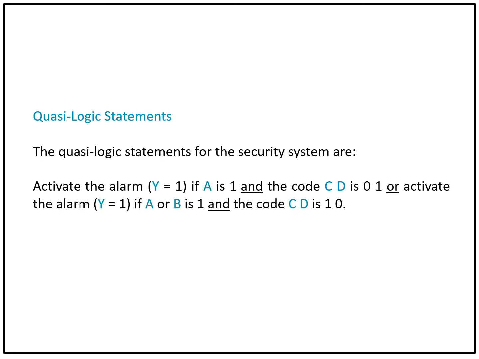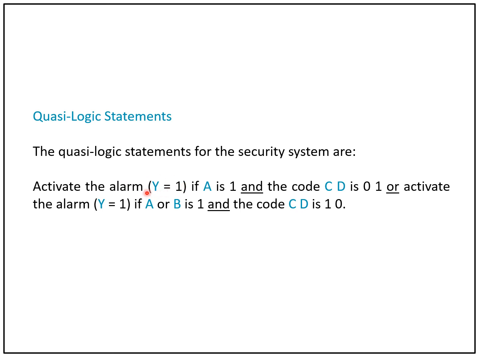The next step now would be to write the quasi-logic statements. So our understanding of how the system would work should be written in concise, precise sentences describing how the system works. In this case, we would like the alarm, the output variable Y, to be equal to 1.